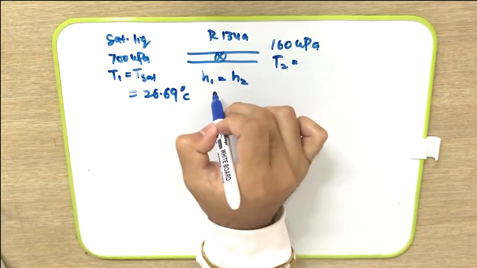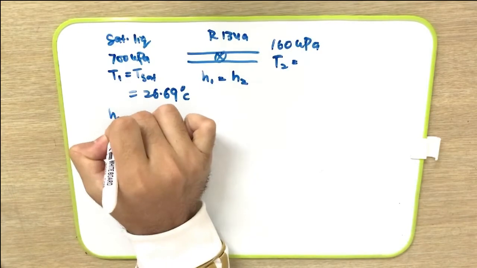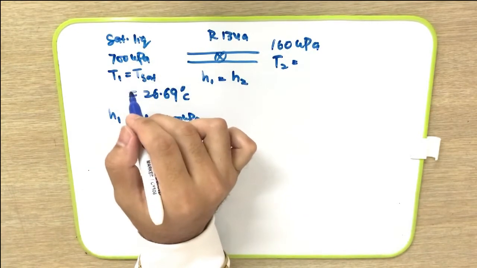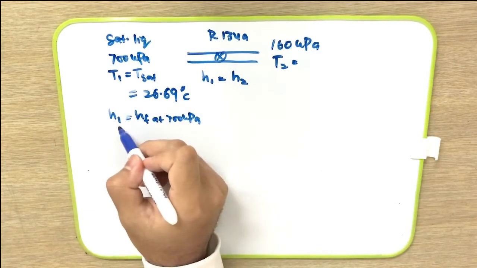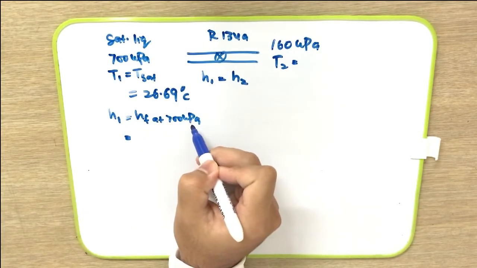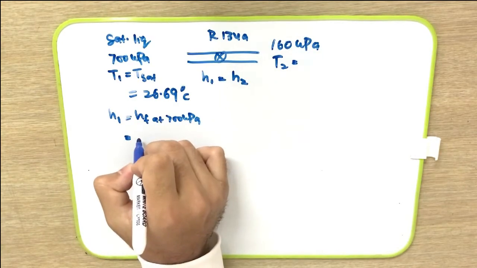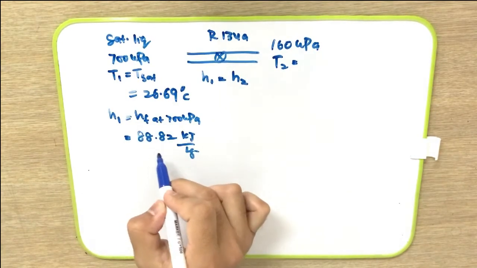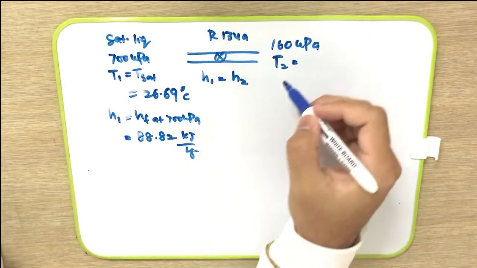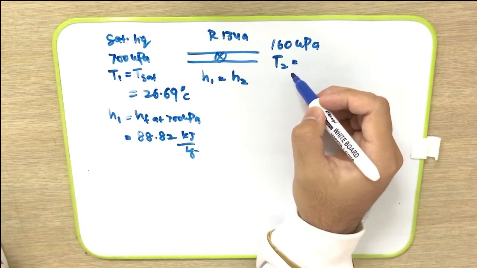So what we need to do is find first the enthalpy at state 1. Because the phase is saturated liquid, we can find from table A12 that H1 is equal to Hf at 700 kilopascal. After we find it, we get H1 is equal to 88.82 kilojoule per kg. Now we have another info at state 2, which is H2.